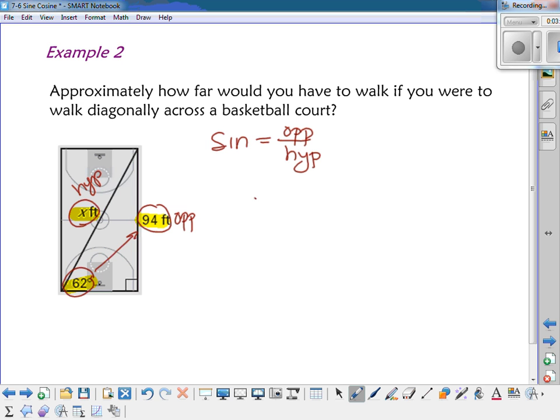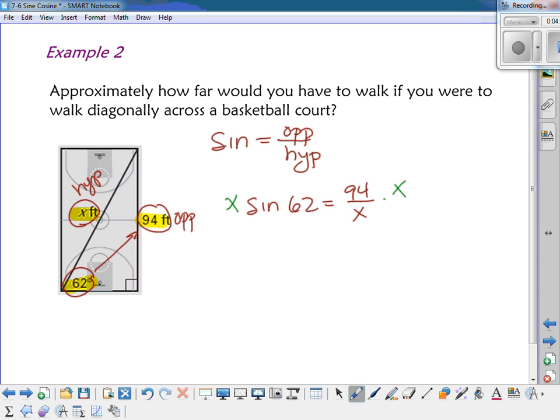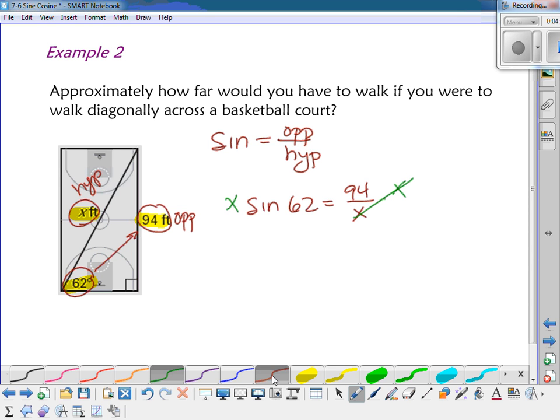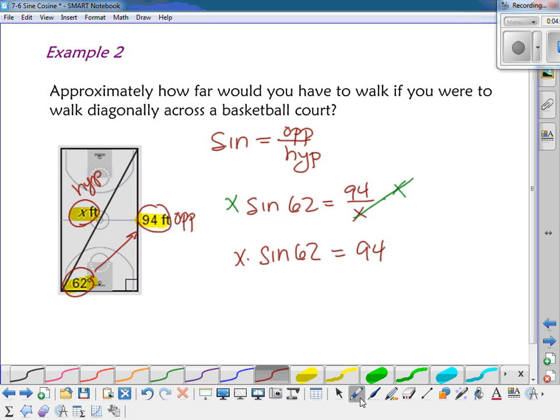Since I have opposite and hypotenuse, I know I need to use the sine. So the sine of 62 is going to equal 94 over x. If I multiply both sides by x, that'll get the x up on top. Then I can divide both sides by the sine of 62.